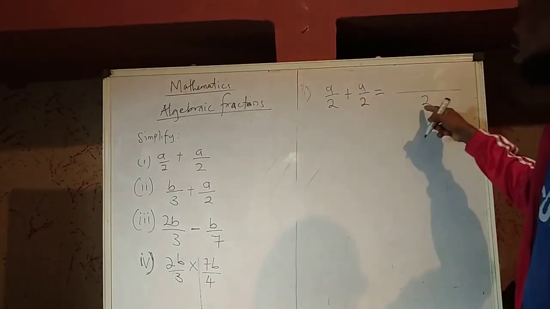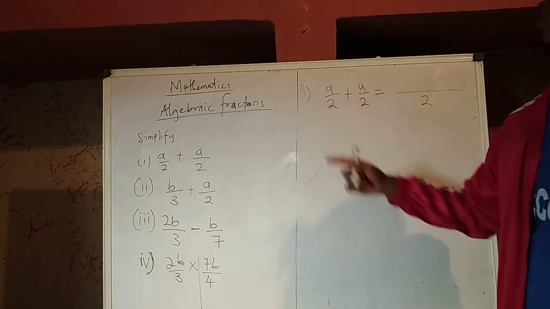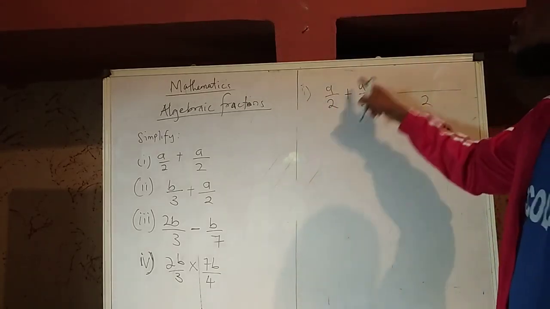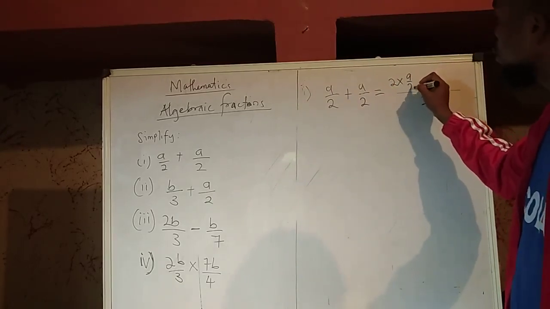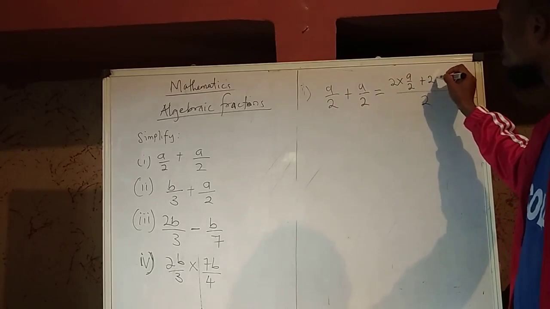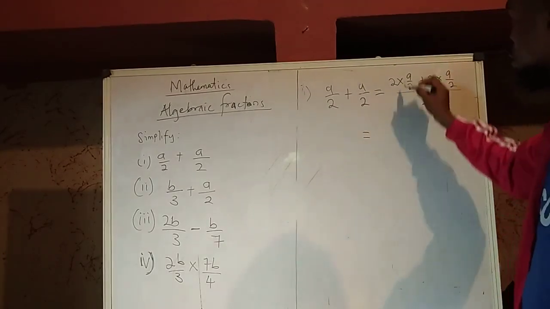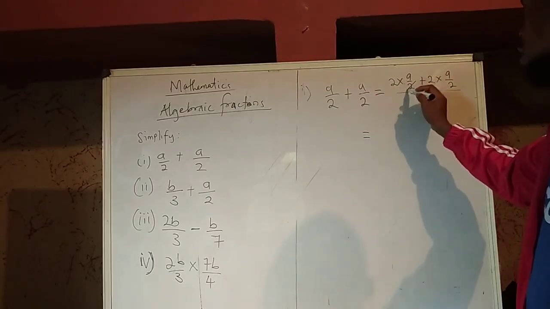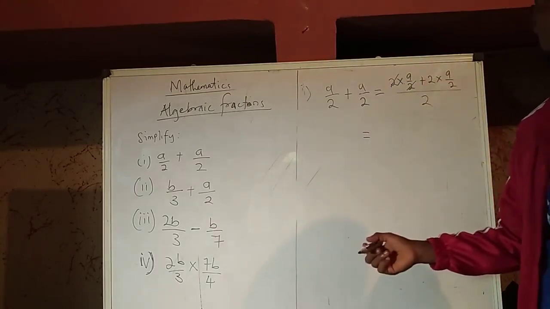The LCM becomes the common denominator of the two fractions. So I use the LCM and multiply each of the fractions. So I'm going to have 2 times a over 2 plus 2 times a over 2. Once that is done, you can see that there is a multiplication sign telling us that we can divide if possible.